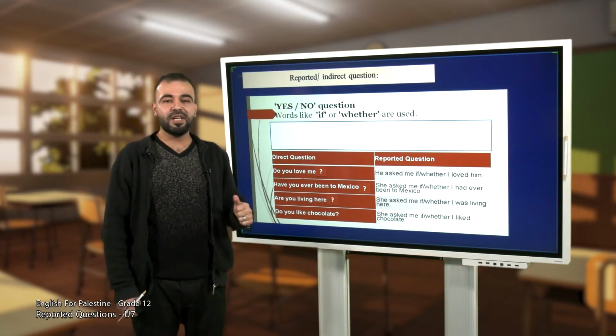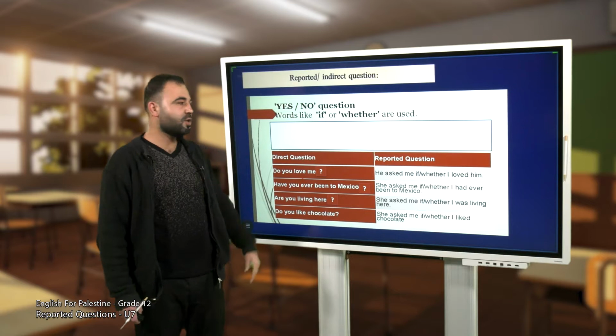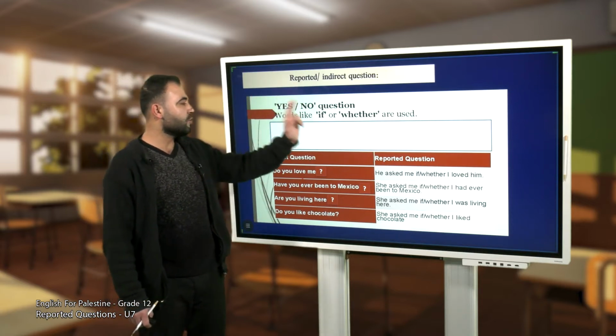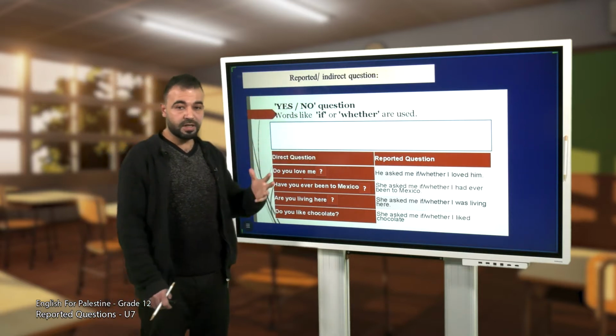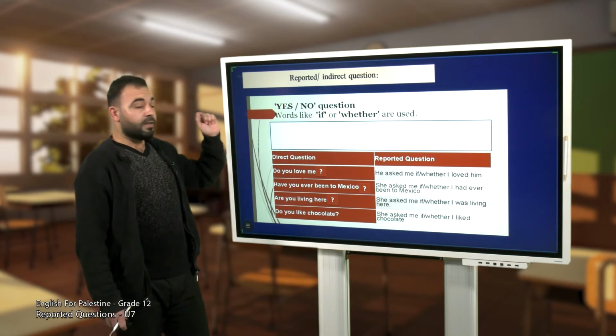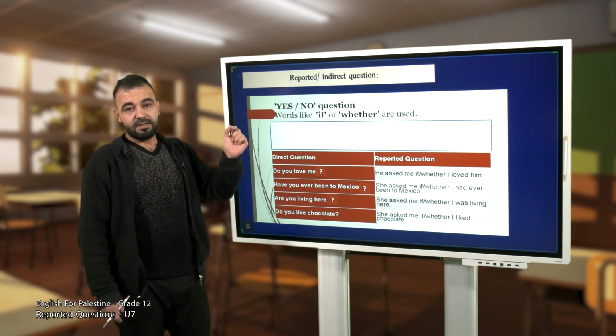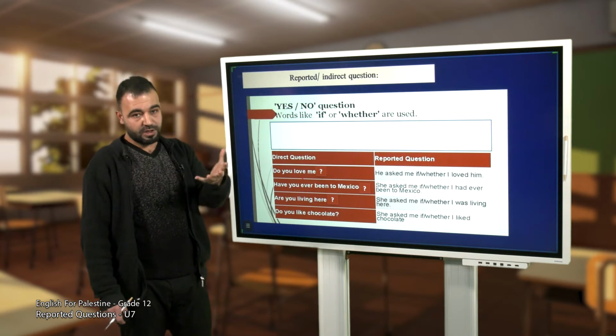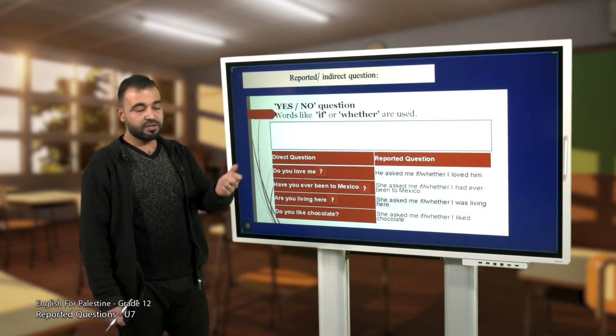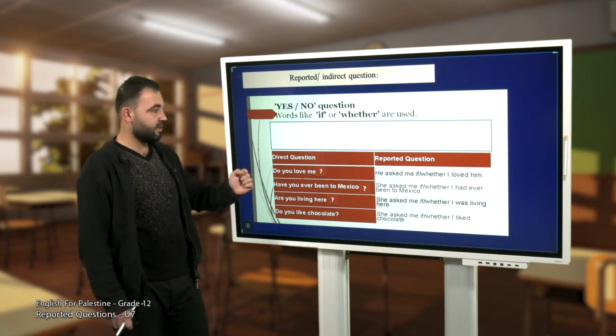Now, the second type of the reported questions, which is yes-no questions. How to report yes-no questions? Yes-no questions are questions which start with an auxiliary.